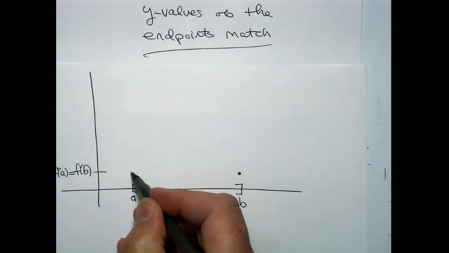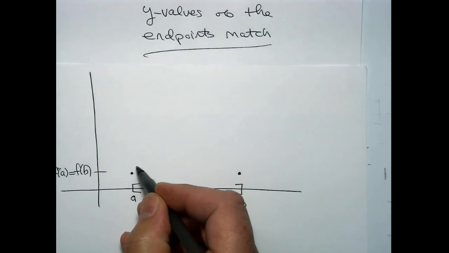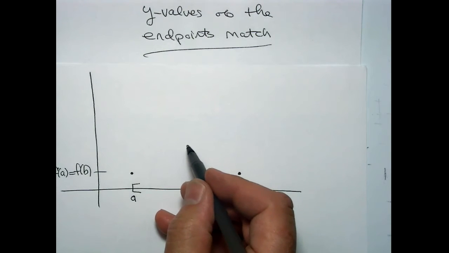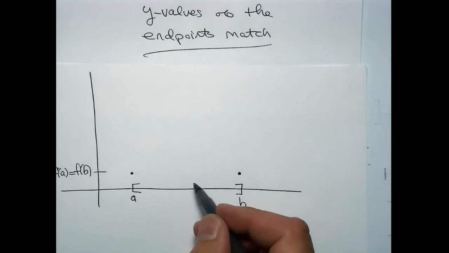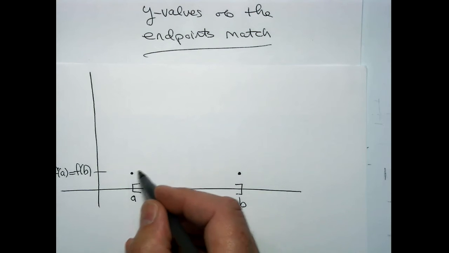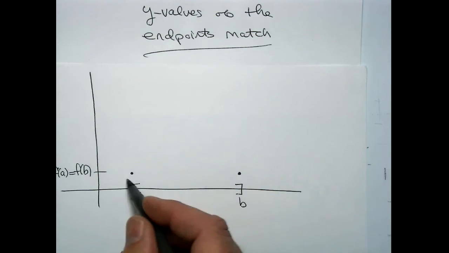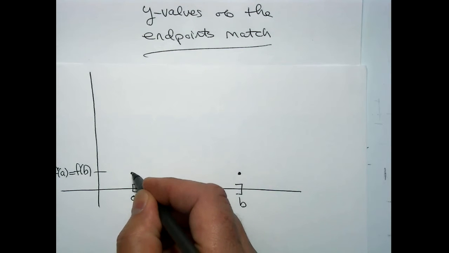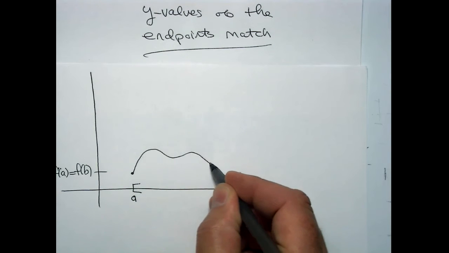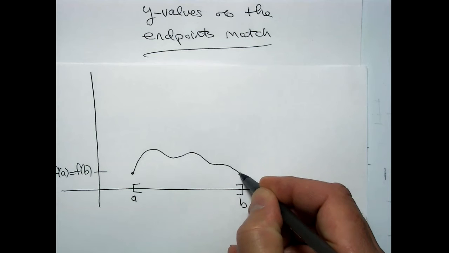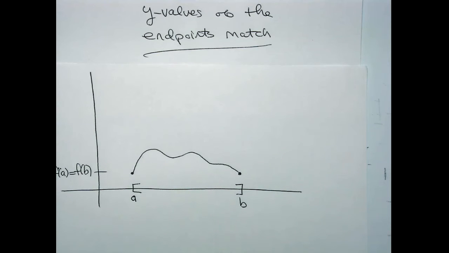Now, I got to draw a curve now that's continuous and smooth, meaning I'm not allowed to have any sharp corners. I'm not allowed to have any breaks. Okay, so I'll draw a continuous smooth curve. As long as it's still a function, we're okay here. There we go.